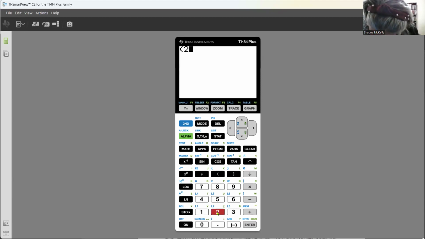So we have 299 minus 272, and we're dividing that by 43 divided by the square root of 15.